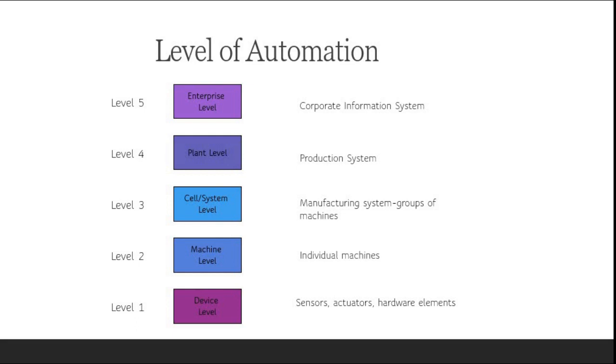Okay. The second level is what we call machine level. Hardware at the device level is assembled into individual machines. Examples include the machine tools or CNC tools and similar production equipment, industrial robots, powered conveyors, and automated guided vehicles.